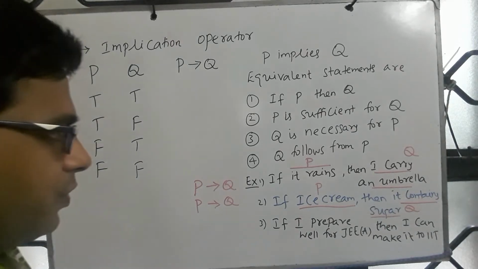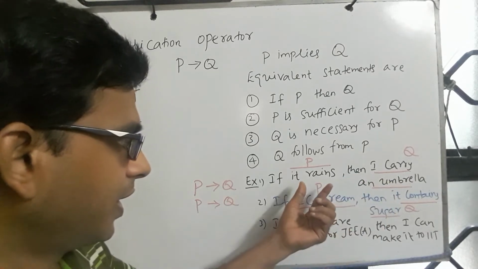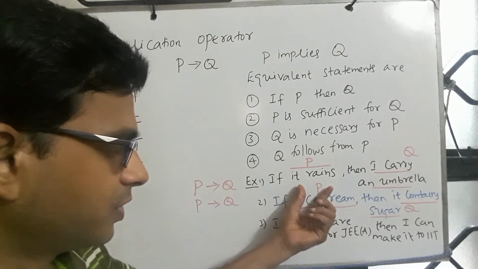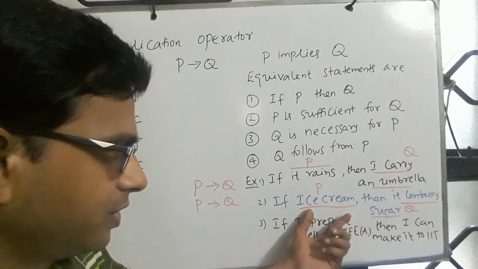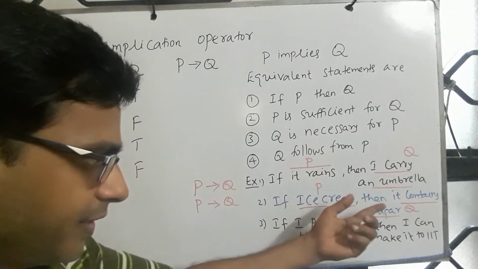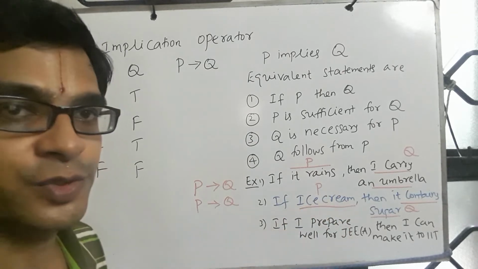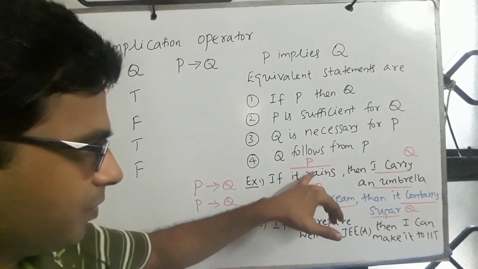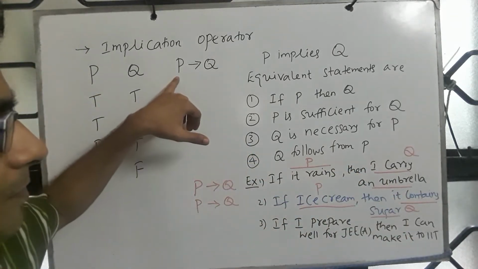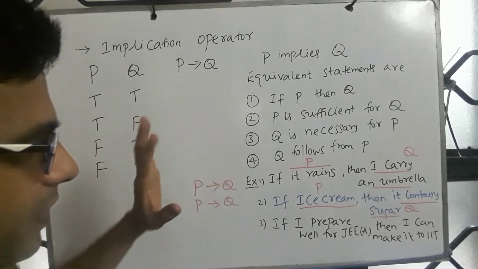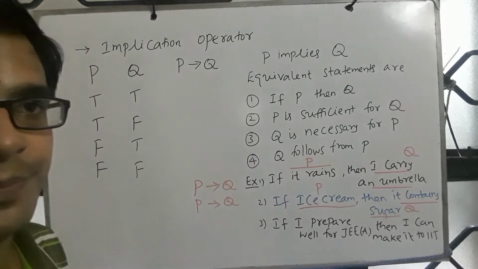Now what we want to know is the following. It is a declarative statement, and it takes the truth value true or false, and similarly these are all propositions, declarative statements taking the truth value true or false, thereby becoming propositions. Now you have propositions, you have combined them using this operator. So this operator precisely refers to statements of this type.